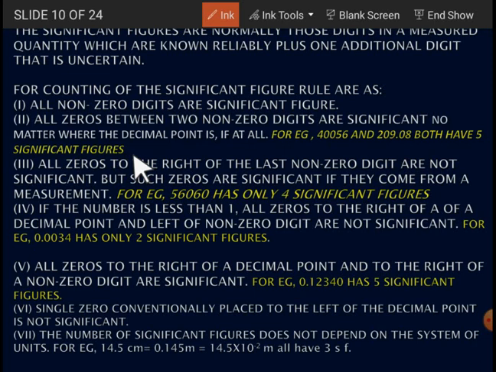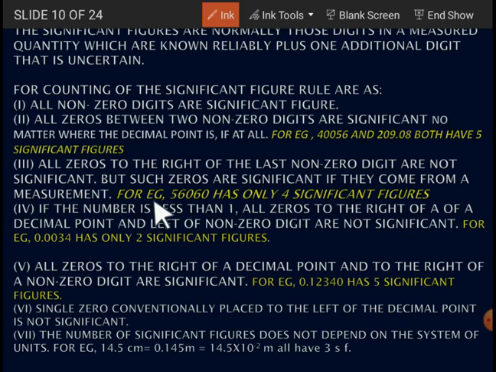So both these numbers have 5 significant figures. Next, all zeros to the right of the last non-zero digit are not significant, but such zeros are significant if they come from an actual measurement. Got it?